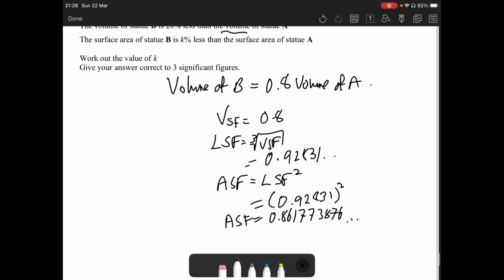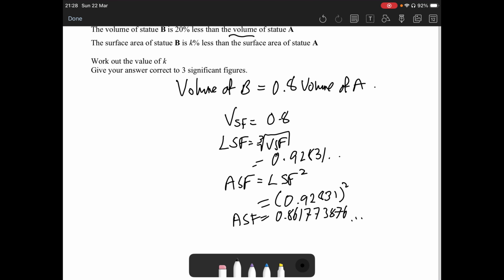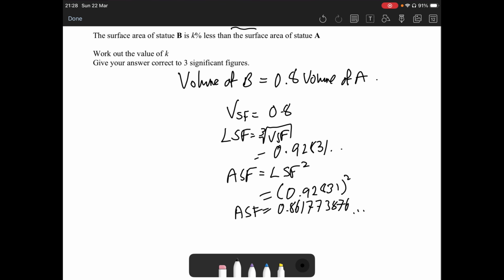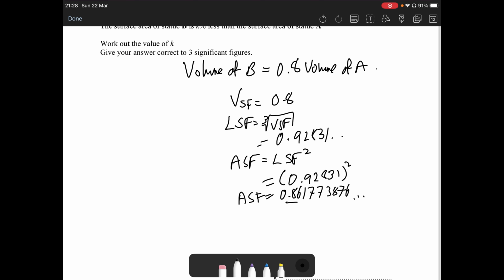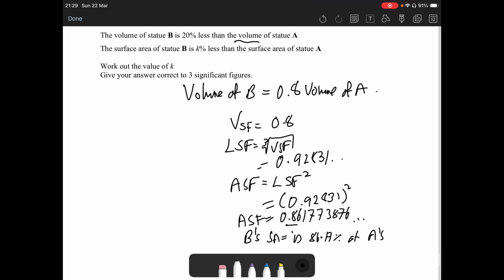Roughly speaking. The surface area is K less. So if it's only 86%, you could say that B's surface area is 86.17% of A's.